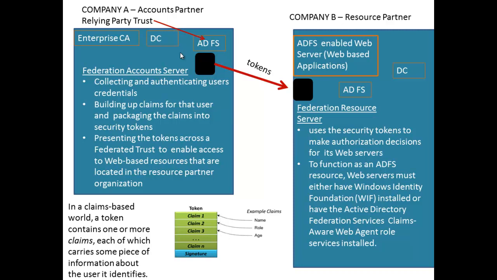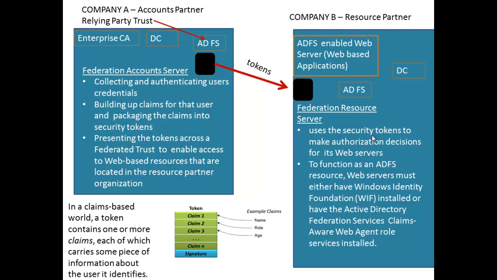Now, we might have our resources on a web server in Company B, or we can actually have that website installed on the Active Directory Federation Services server. But we also need a domain controller in Company B. We'll use the security tokens to decide whether or not the users will be able to access the web servers in the company.